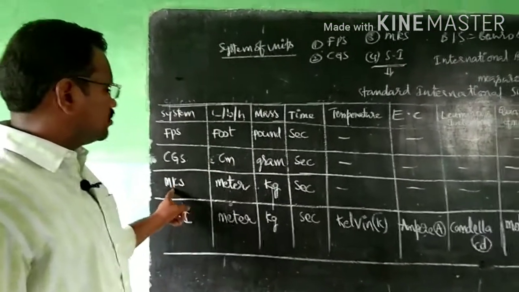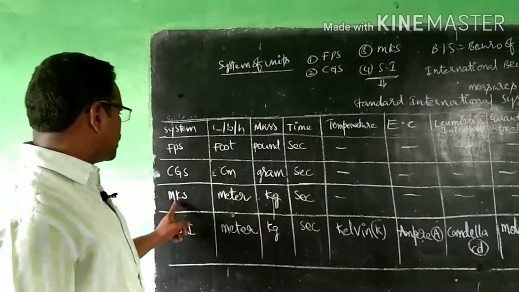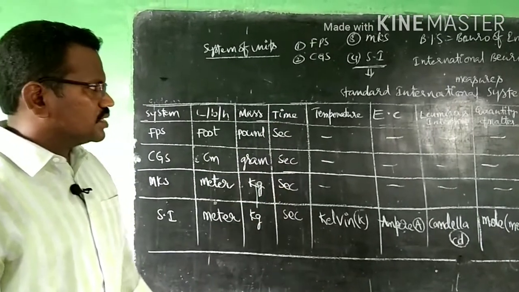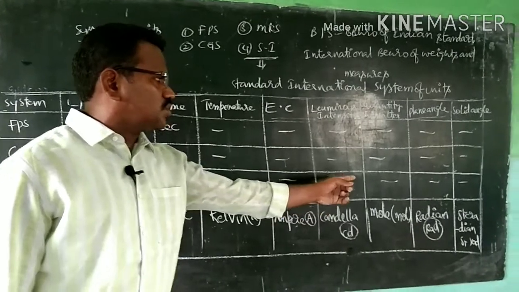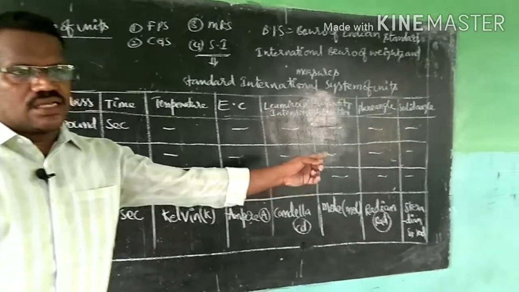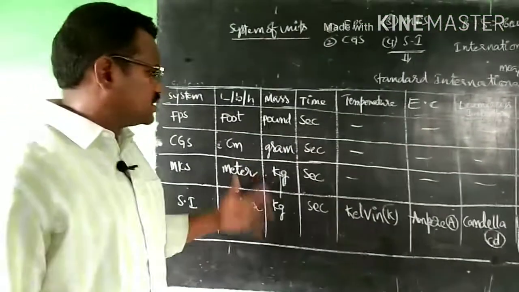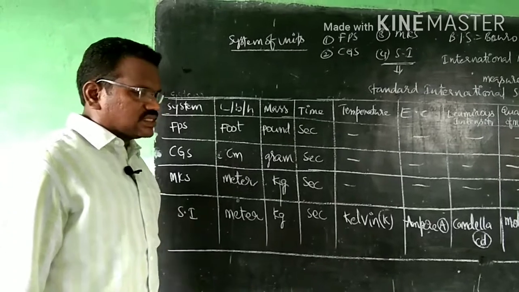The unit of mass is kilogram. The unit of time is second. Temperature, electric current, luminous intensity, quantity of matter, plane angle and solid angle do not have units in the MKS system. Those units are added in the SI system.